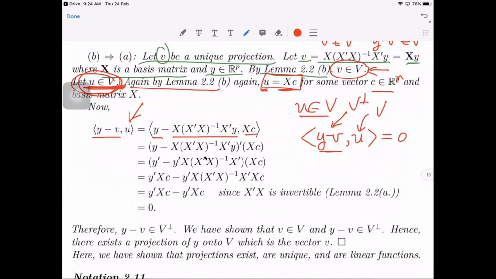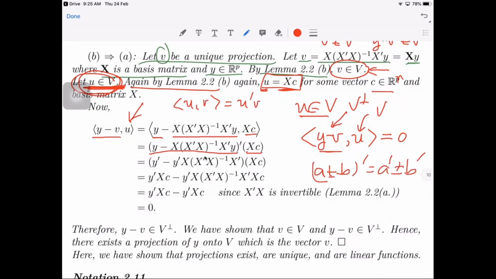So by definition of UV inner product, this is equal to U prime V. So you have U prime V. And then get the prime, Y prime, A minus B, or A plus or minus B prime, that is equal to A prime plus minus B prime.